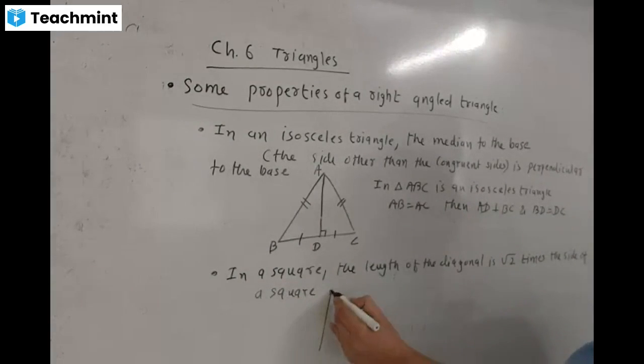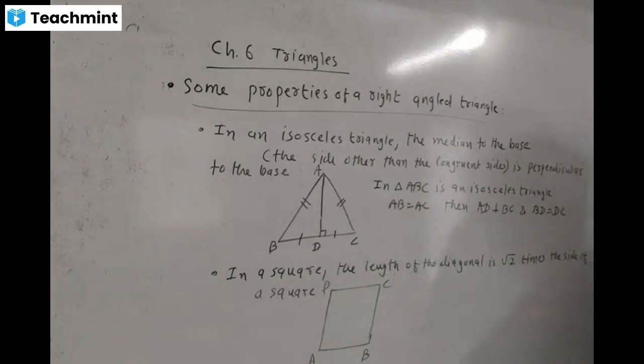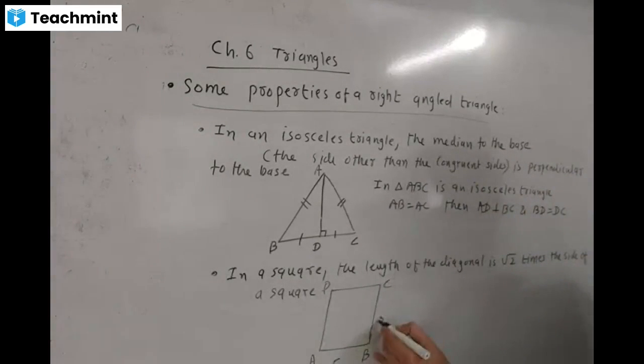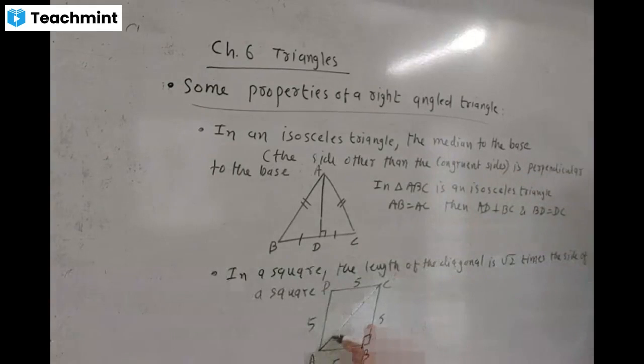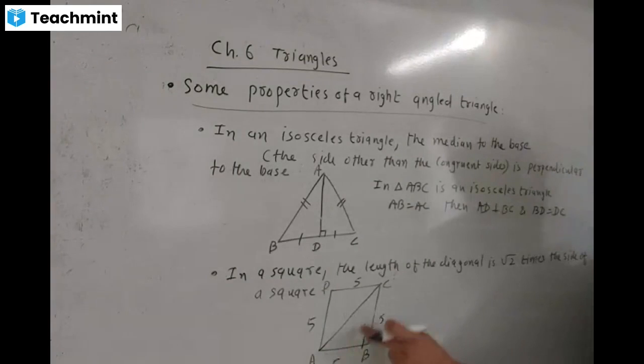Suppose quadrilateral ABCD is a square, and each side is equal to 5 centimeter. AC is a diagonal, and triangle ABC is an isosceles right angle triangle because all sides are equal in a square.